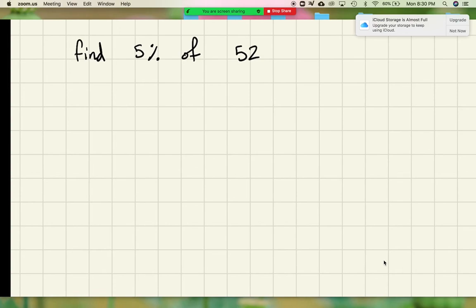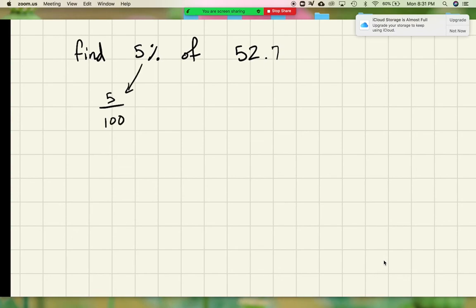That's bad, but okay, I see what you're saying now. The bucket can contain the 52 apples. So it's like the 52.7 is 100% capacity. But we don't want 100% capacity. We only want 5% capacity of this 52.7. The way that you do this, percents are always out of 100. So if it says 5%, that's the same thing as 5 divided by 100.